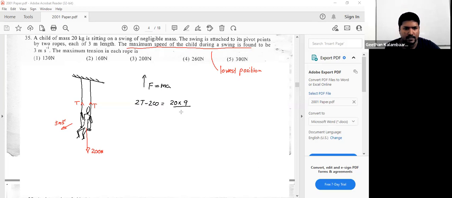Radius they have given as 3 meters, where I have not marked. So better mark it now. In the diagram, all the data should be there. If not, you don't call it a diagram. So 3. The equation that I used is mv squared over R, the centripetal force equation, right?